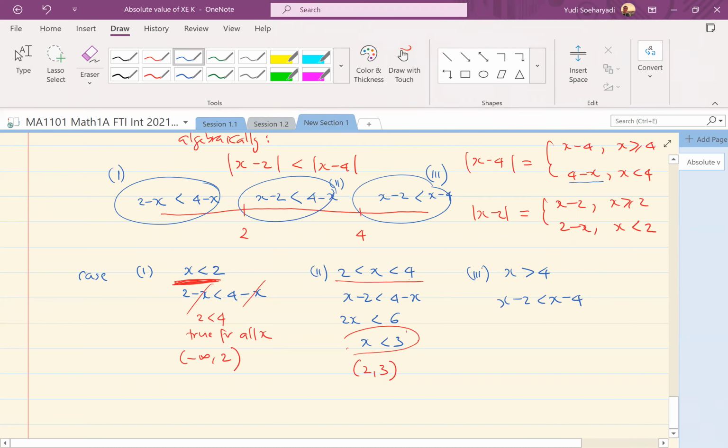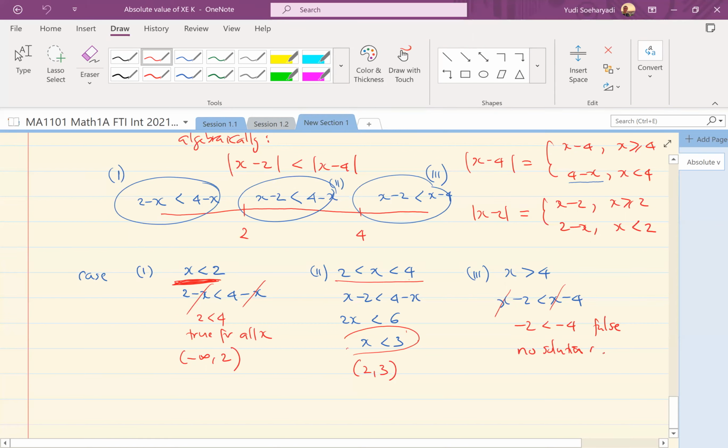Okay, so you cancel x, but you end up with -2 is less than -4, so that means no solutions. Oh, sorry, missed this one.